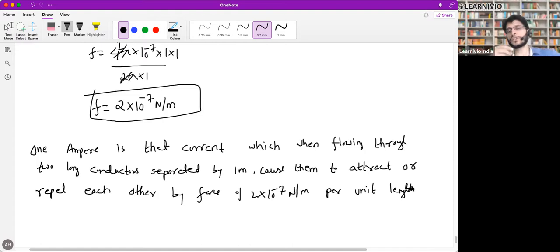So this is the definition of 1 ampere. It means if you have two conductors carrying current of 1 ampere each, then they will attract or repel each other with a force of 2 into 10 raised to minus 7 Newton per meter.